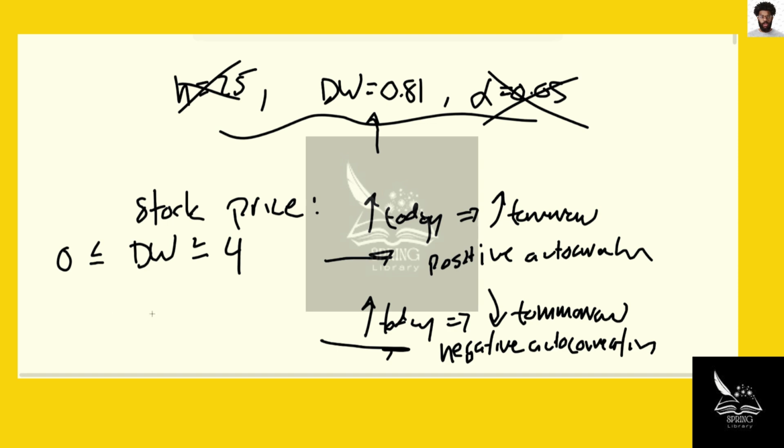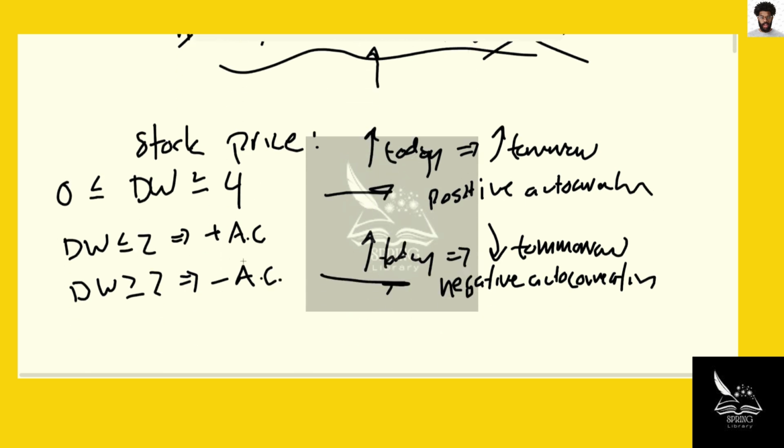If the Durbin Watson is below 2, right? That implies a positive autocorrelation. If the Durbin Watson is greater than or equal to 2, that implies a negative autocorrelation. Okay?